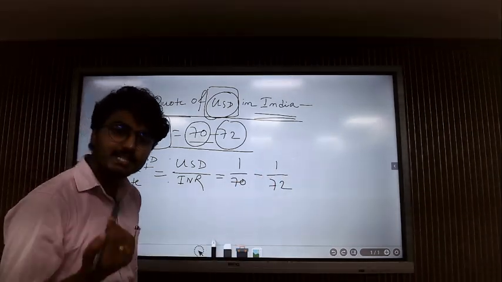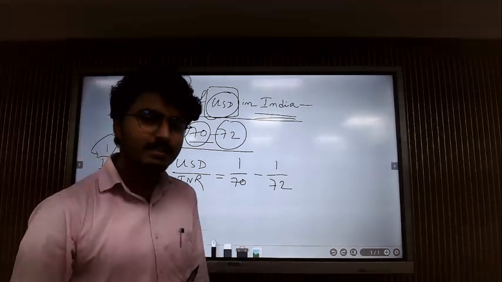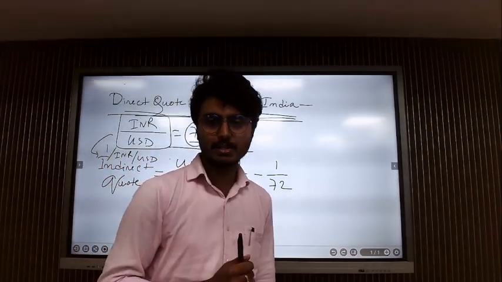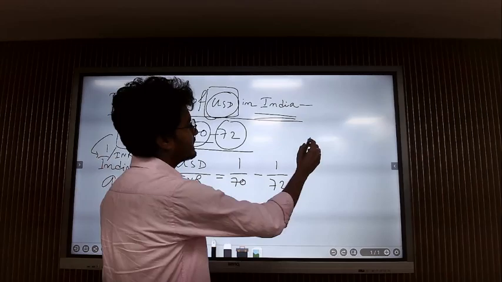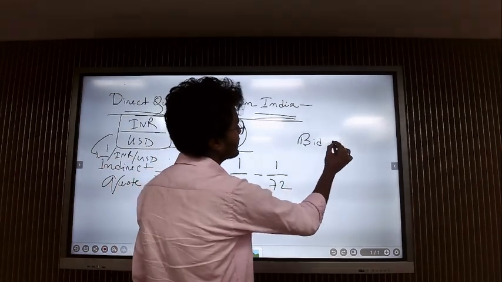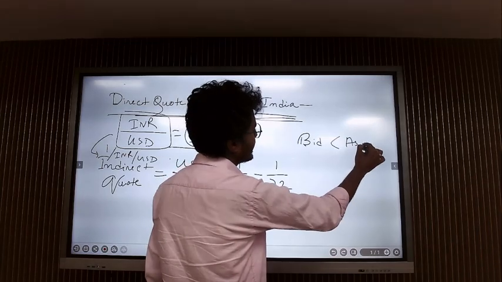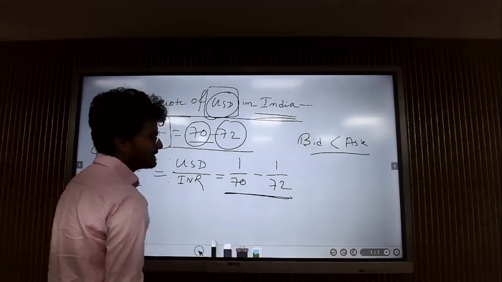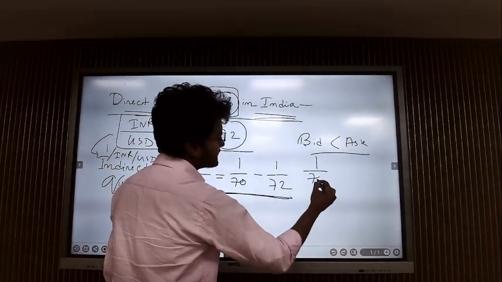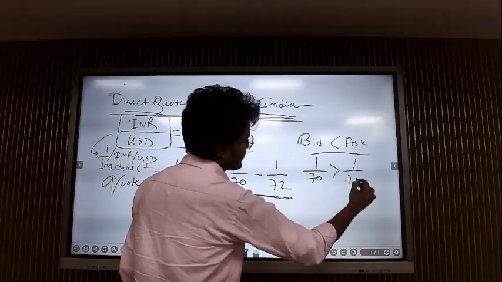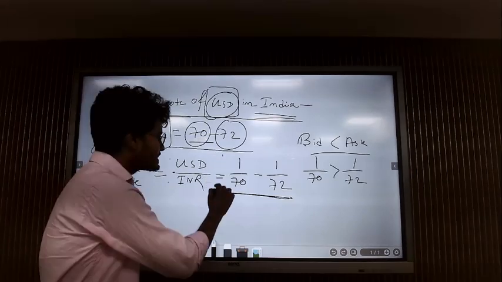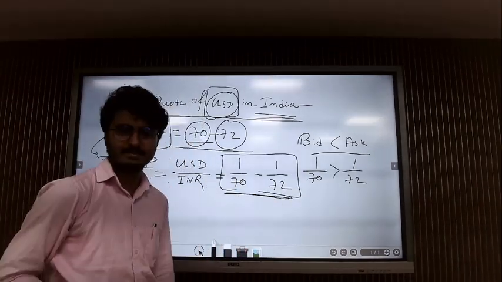But how do we check whether this is right or wrong? Just remember, in our last session I said the bid rate is always less than the ask rate. And here 1 by 70 is greater than 1 by 72. So it is not possible.